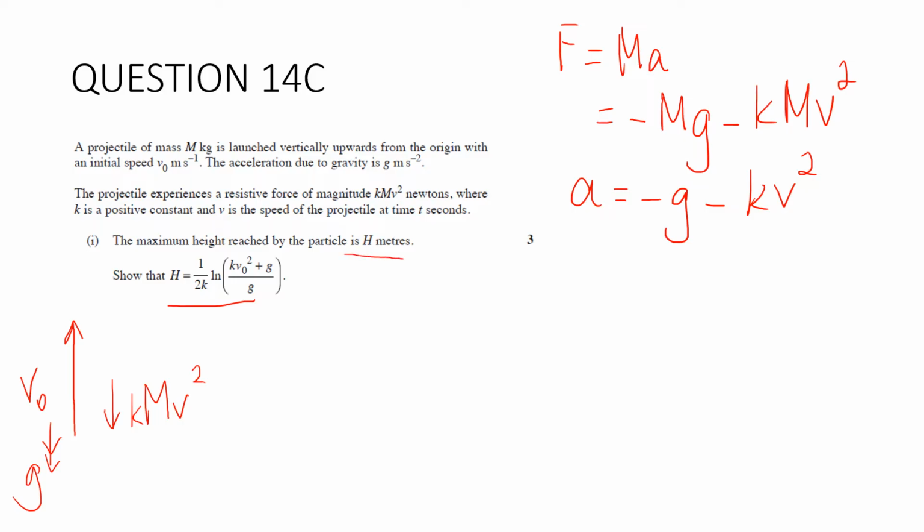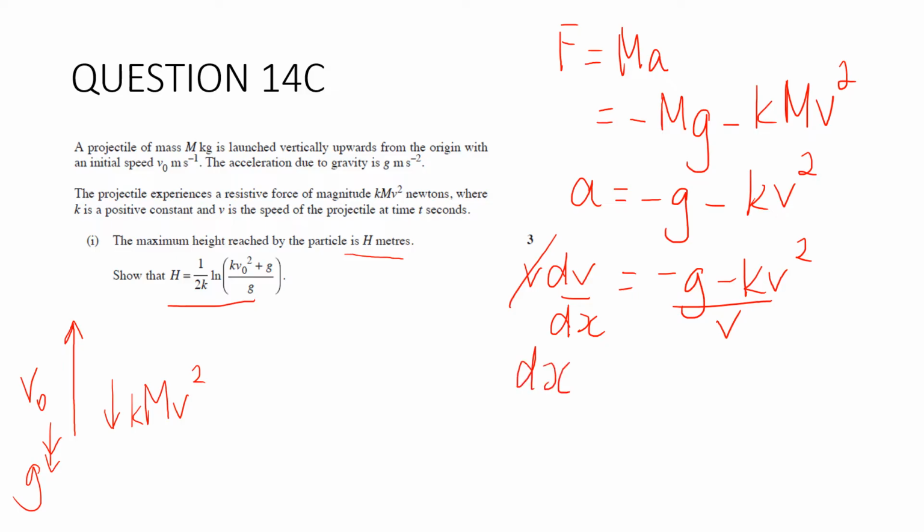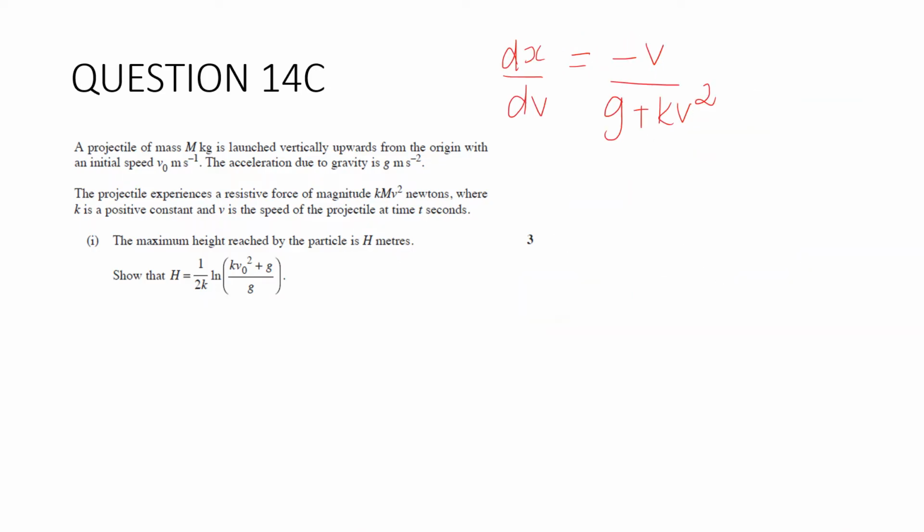So we're going to do v dv/dx, which is equal to negative (g plus kv squared), divide both sides by v, and then invert both sides, so dx/dv will equal negative v over (g plus kv squared), which means that x will equal negative integral of v over (g plus kv squared) dv.